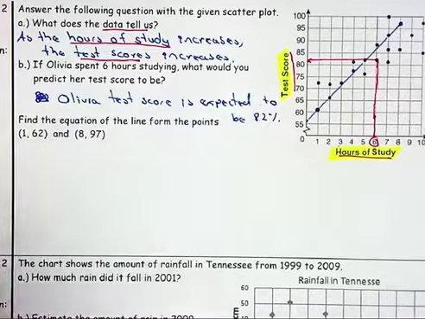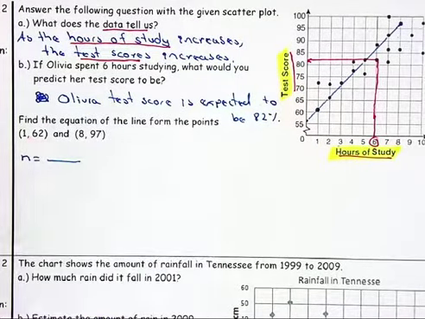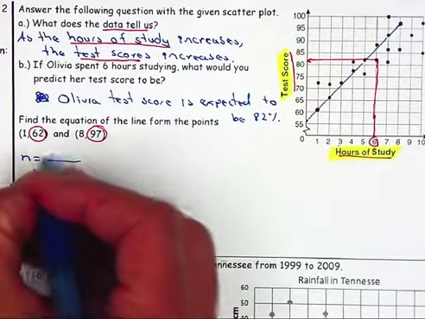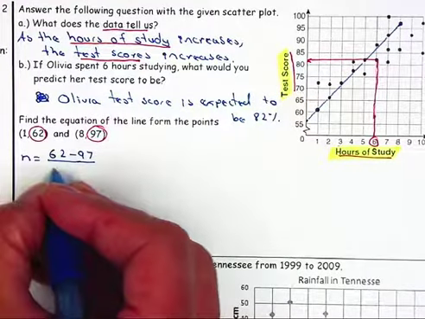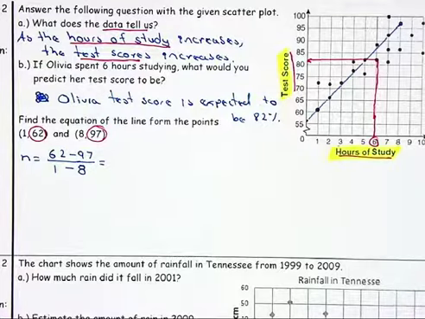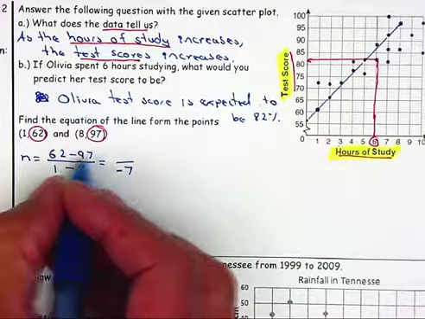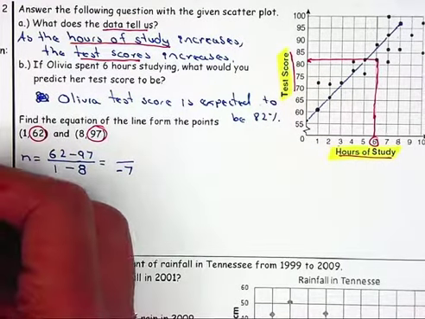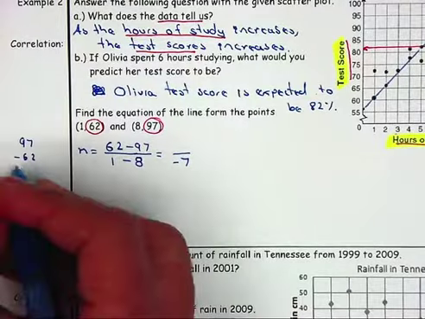Now to find the slope will be the difference of the y's over the difference of the x's. That'll be 62 minus 97 over 1 minus 8. And now I can subtract. 1 minus 8 will be negative 7 on the denominator. I'm going to subtract the bigger number minus the smaller one on the left hand side.